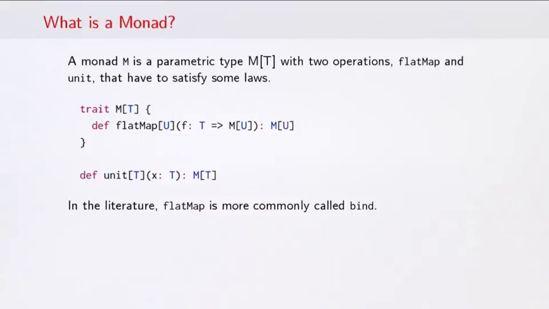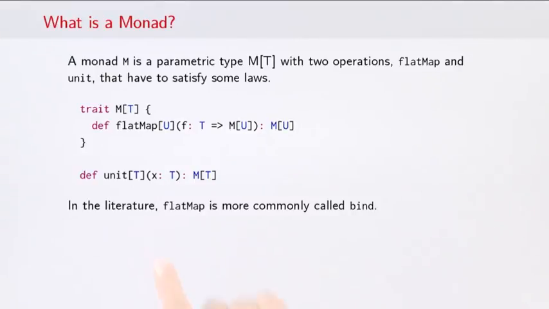So you can see it in Scala as a trait M, where M is the monad and T is the type parameter. It would have a flatMap method of the type that you see here. So it takes an arbitrary type U as a parameter and a function that maps a T to a monad of U, and it gives you back the same monad applied to U. And besides flatMap, there would also be the unit method.